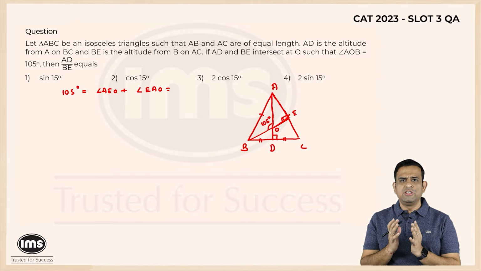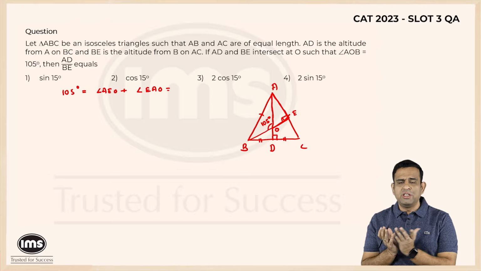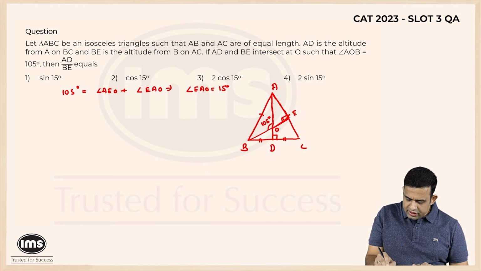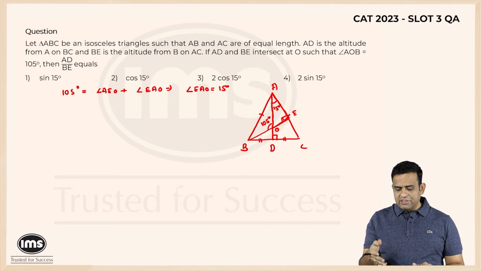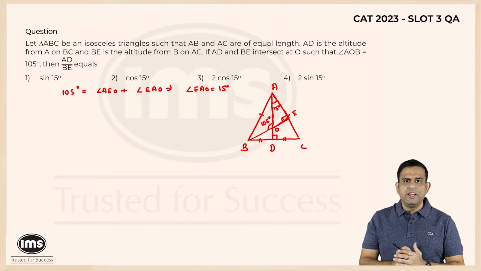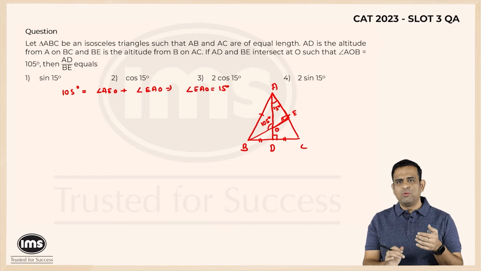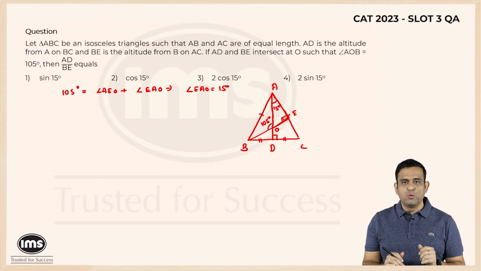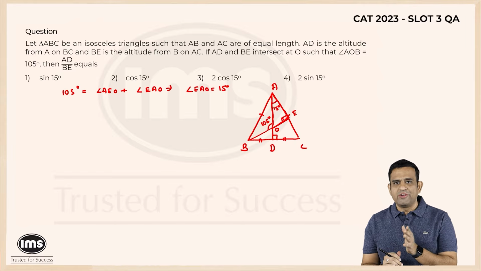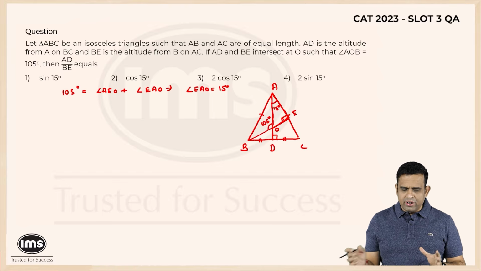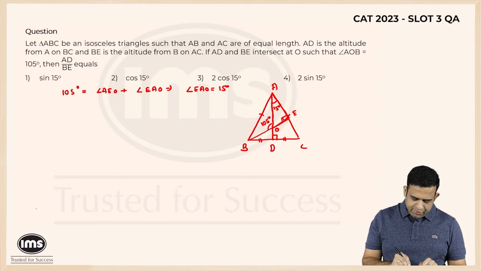So 105 is equal to 90 plus something, so that something, angle EAO, simply becomes equal to 15 degrees. This part becomes 15 degrees. And then one can take angle ACD as 75 degrees. So people, you need to possibly take the help of complementary angles of trigonometric ratios and so on. The sine of 90 minus theta is cos theta, and something on those lines. Let's go further. This is the starting part.